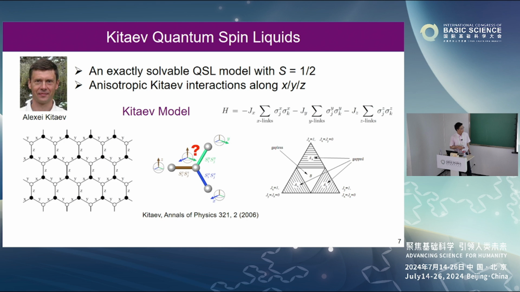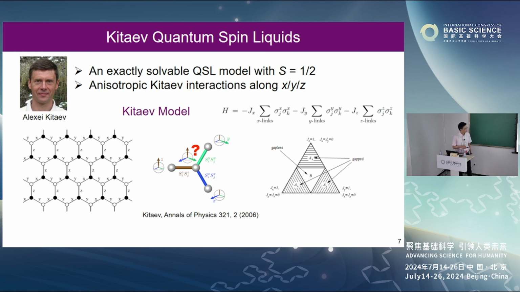So the key actually lies in the anisotropic, bond-dependent Kitaev interaction. So, for example, if you look at this site, it has three bond-anisotropic Kitaev interactions. These are all Ising type interactions. So this Kitaev interaction will require this spin to align along the y-axis, and this along the z-axis, and this along the x-axis.